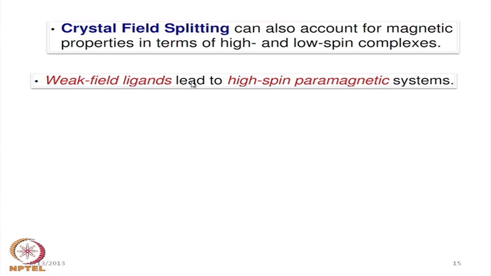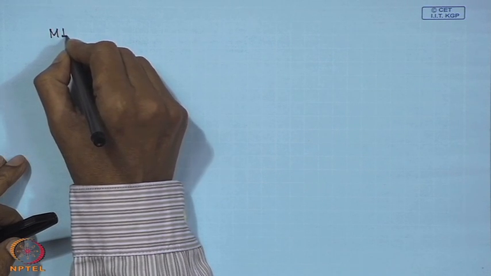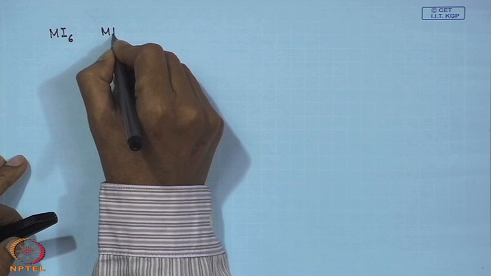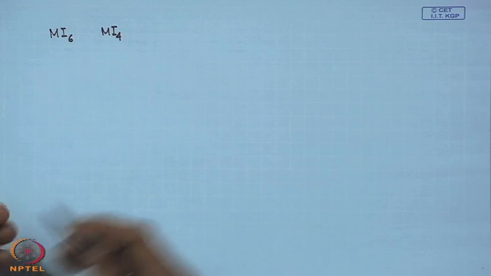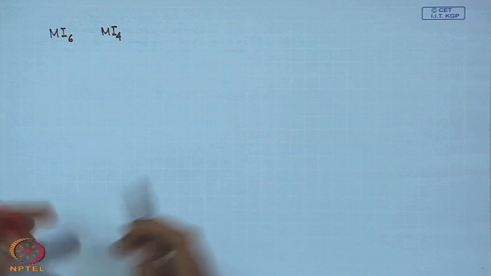Weak field ligands lead to high spin paramagnetic systems, with ligands such as iodide or bromide. If we have a metal with iodide, say MI6 or MI4, the expectation is that we get high spin compounds.